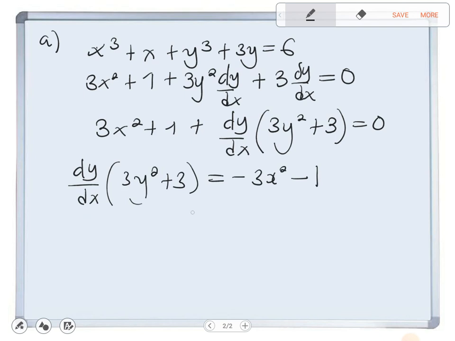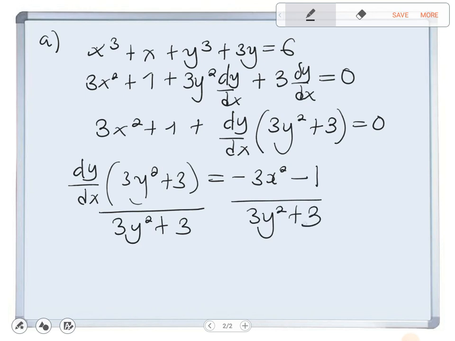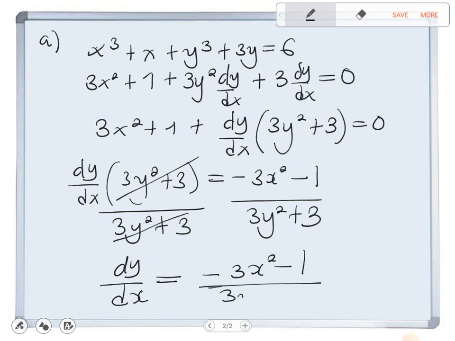We want to remain with dy/dx, so we divide throughout by 3y squared plus 3. Eliminate, and your dy/dx will just come out naturally.